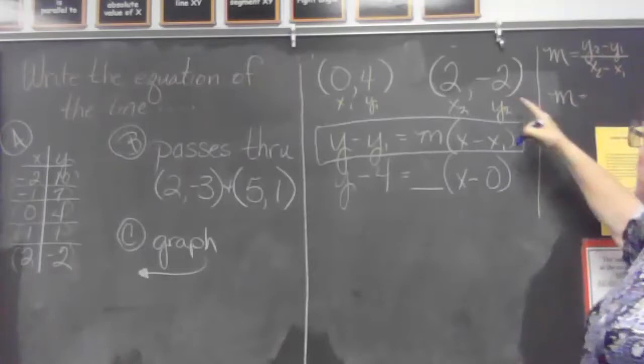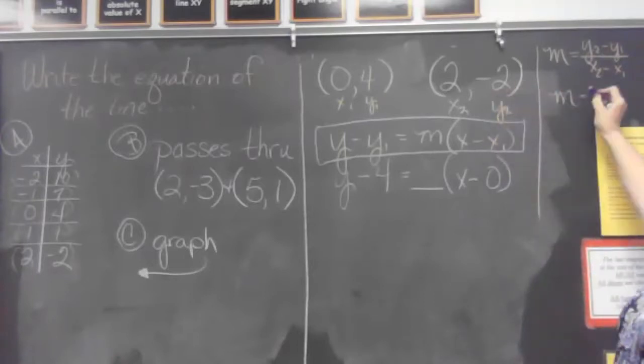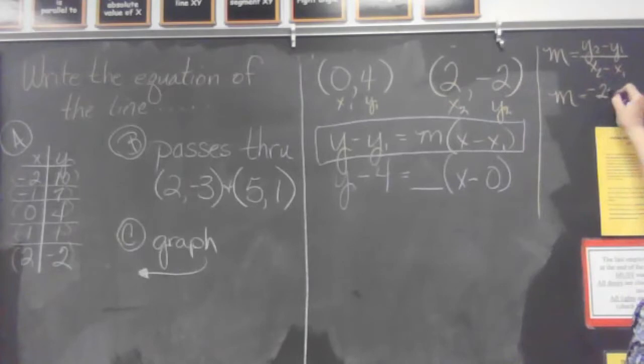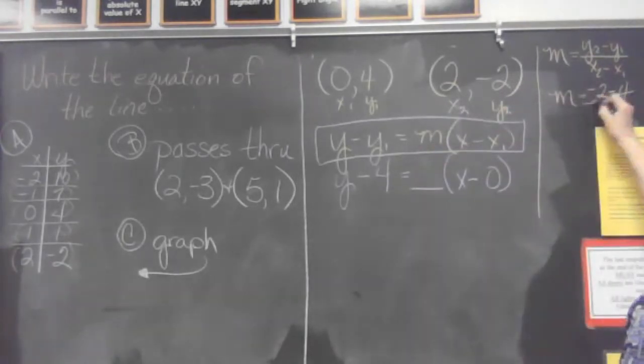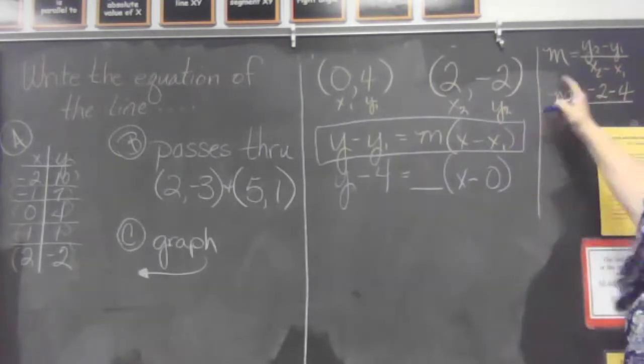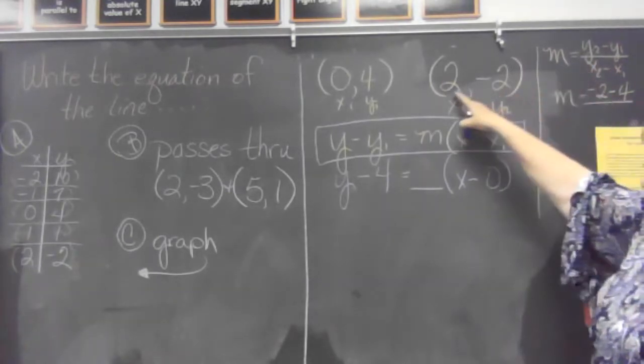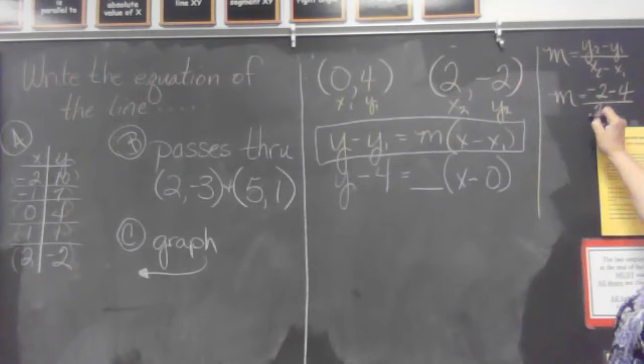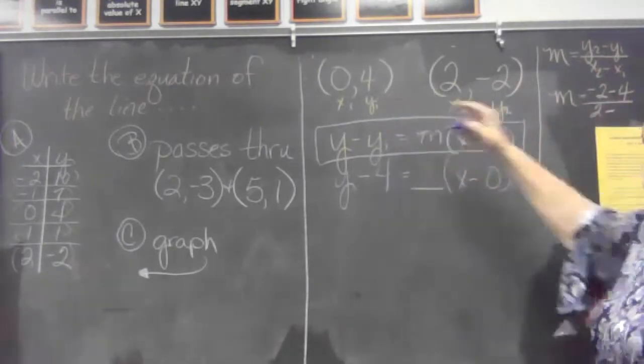m equals y2, negative 2, minus y1, which is 4, over x2, which is 2, minus 0.